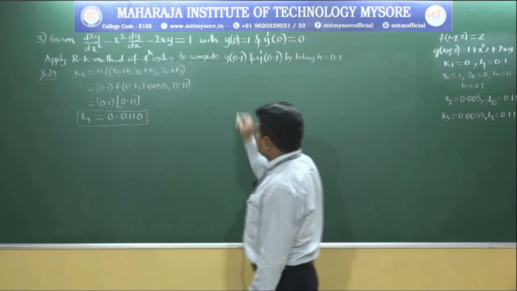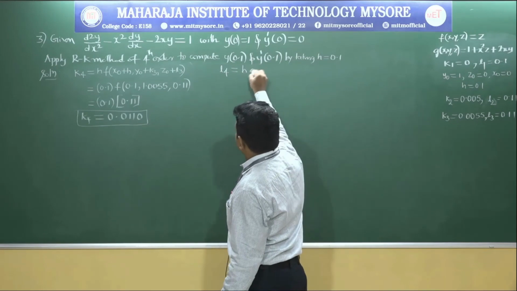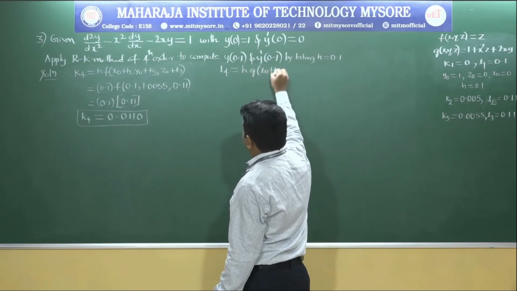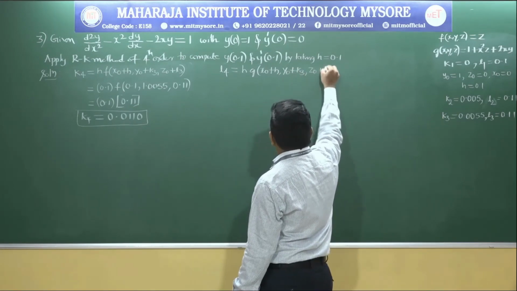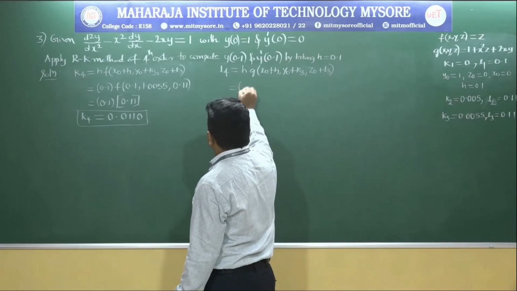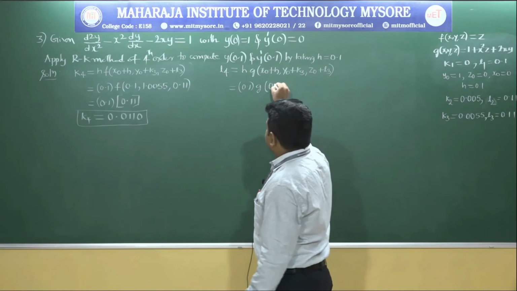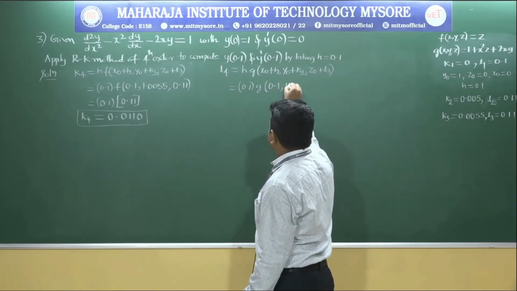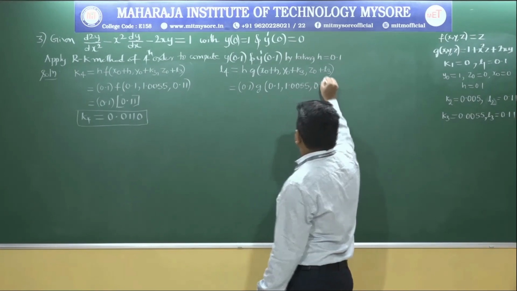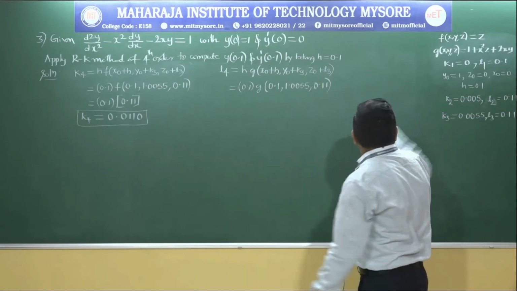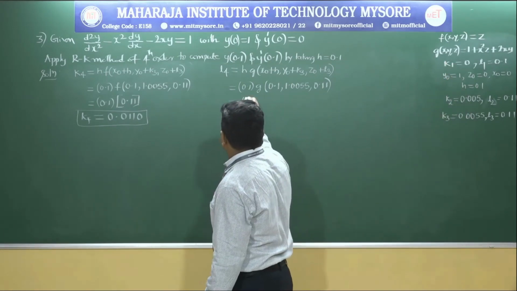Next, after finding K4, we shall find L4. L4 is given by h into g of x naught plus h, y naught plus K3, z naught plus L3. This is equal to h value is 0.1. Next, g of x naught plus h is 0.1, y naught plus k3 is 1.0055, z naught plus L3 is 0.11. Next, we know that g of x comma y comma z is 1 plus x square z plus 2xy.